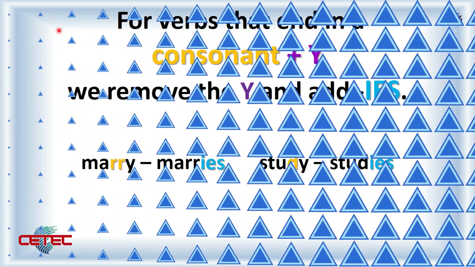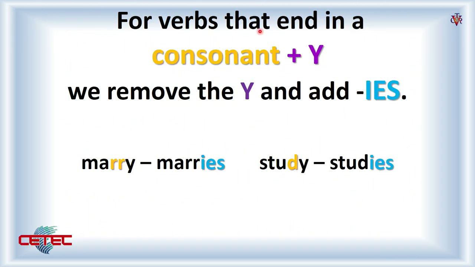Number 2. For the verbs that end in consonant plus Y, we remove the Y and add IES. Marry.